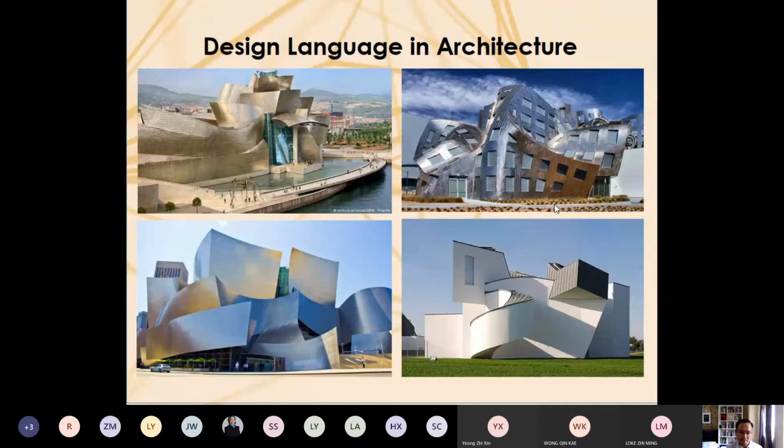So it's the design language of Frank Gehry, right? But I'm not saying that once an architect has a certain design language, he or she won't use other languages to produce other designs. At any given time, an architect might have a few different design languages. It depends on what the client wants.